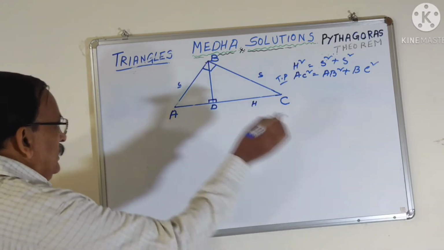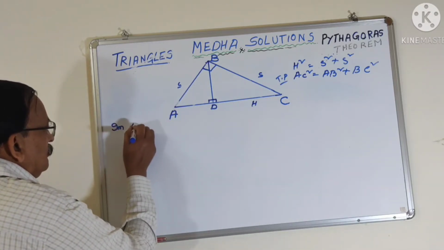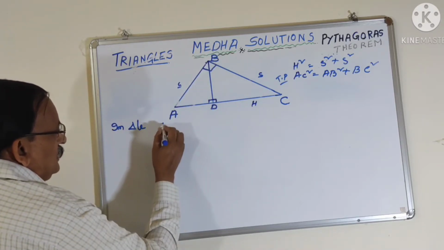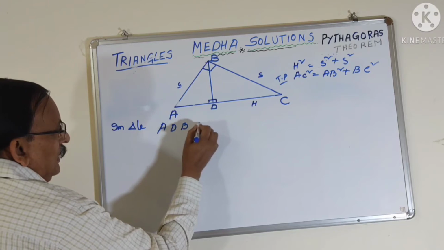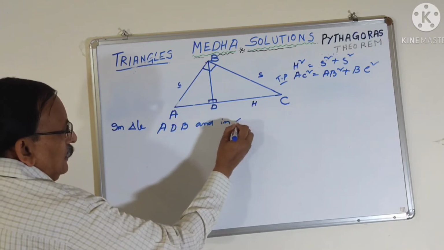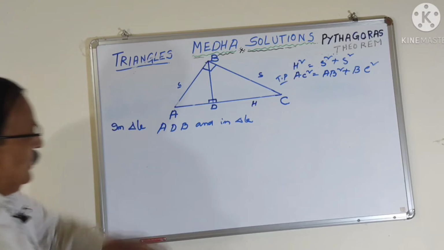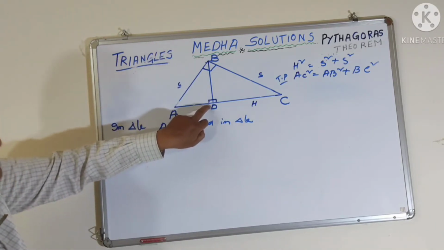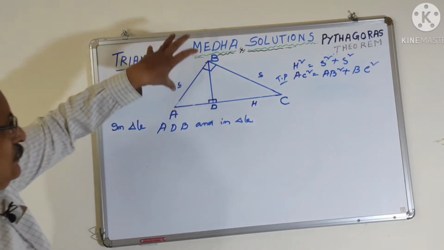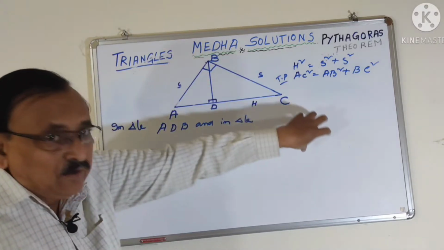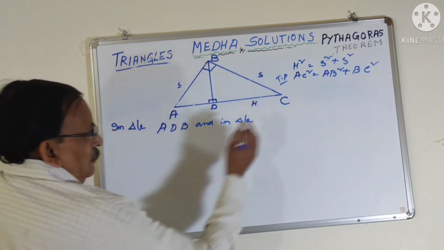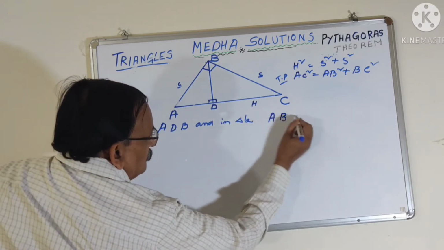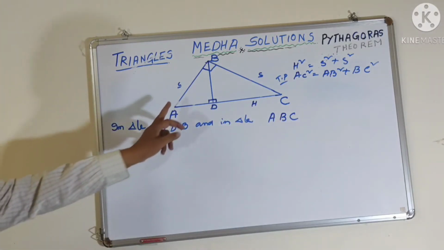In triangle ADB, my order is ADB, where D is the 90 degrees, so in the big triangle also we have to take in between the B. Here I started with A, here also A, C. The order is very much important.